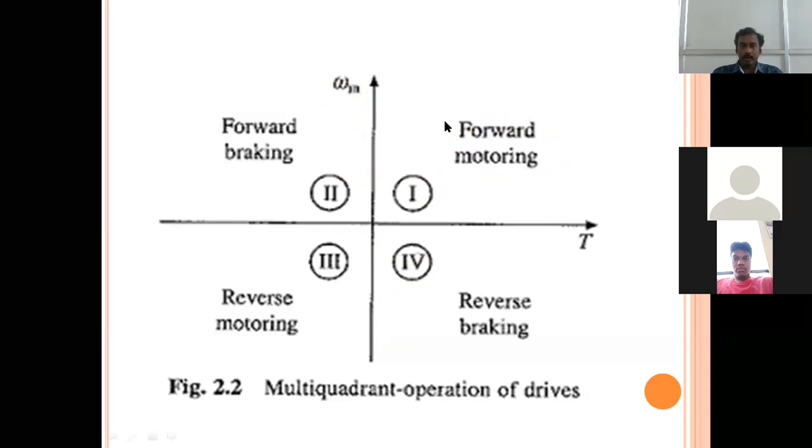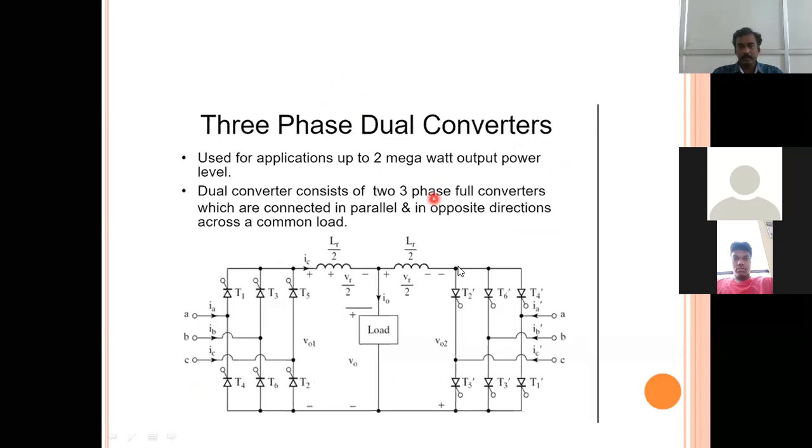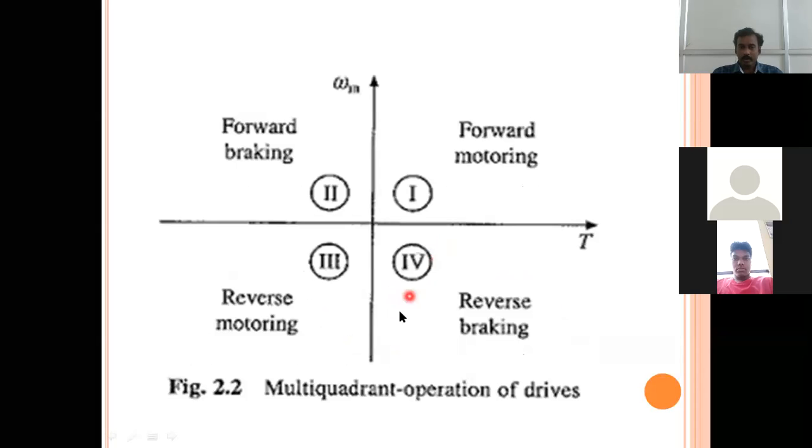Okay, if you consider the other converter, in this particular converter, the converter is placed in reverse. The current is going to be the same, but the voltage applied across the load, earlier plus and minus, is now reversed. So in this case you are going to have the reverse motoring mode and forward braking mode.